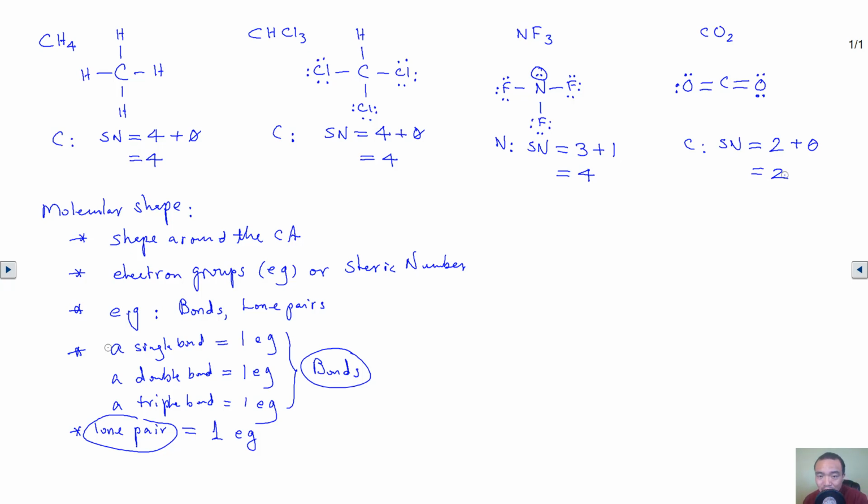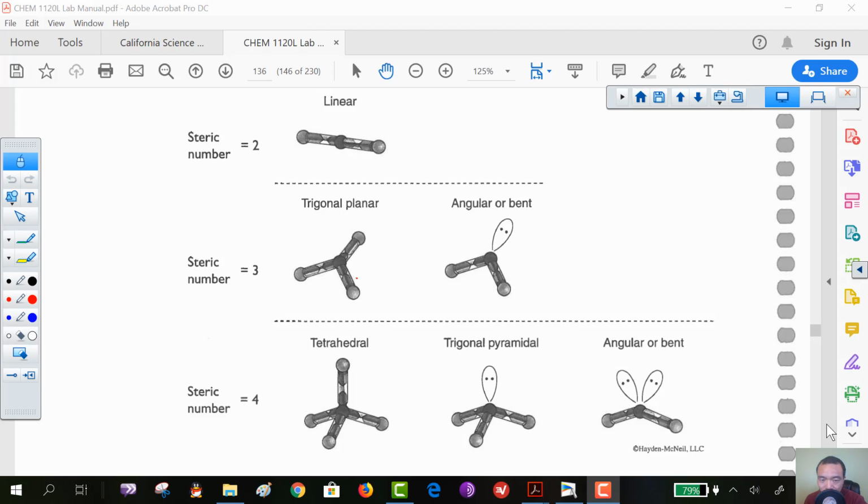So how do we get the correct geometry, molecular geometry or molecular shape, based on these calculations? Let's switch to your textbook, page 136. You would know how to do it. When you look at page 136, that's what you see over here. In this picture, you actually see the steric number.